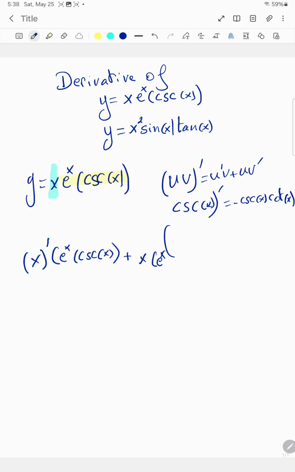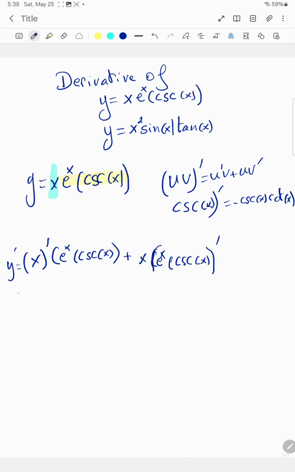Okay. So u times v prime, where v is e^x times cosec of x prime. Yeah, this is y prime equal.